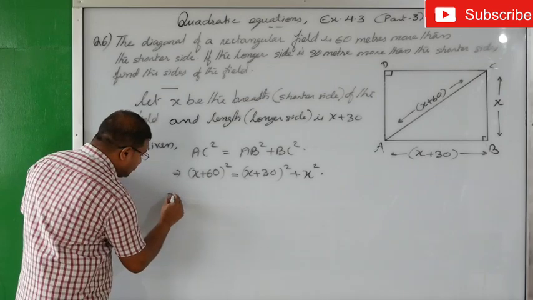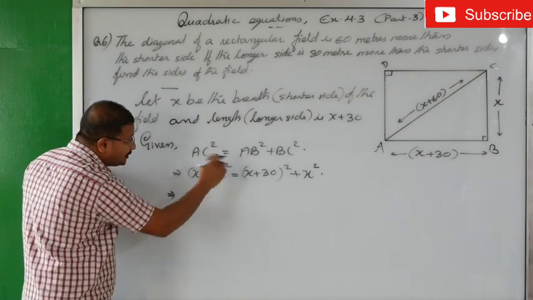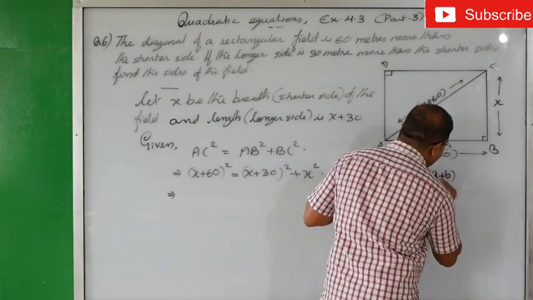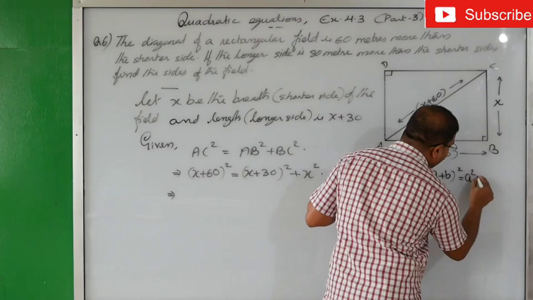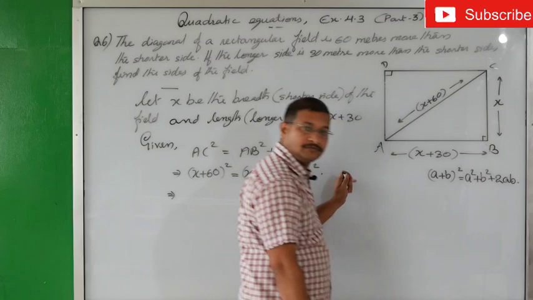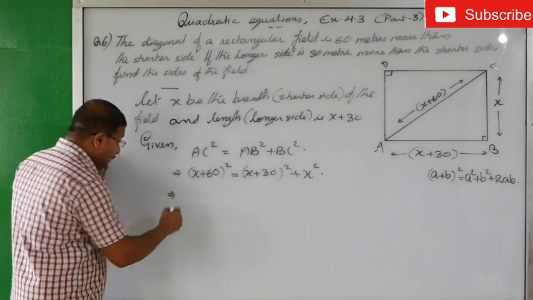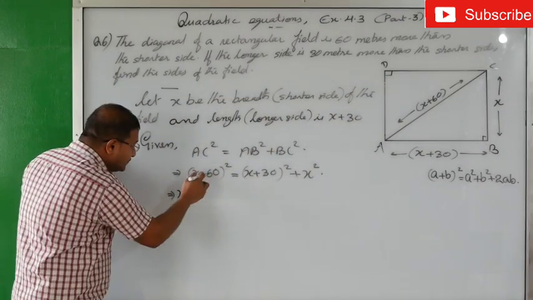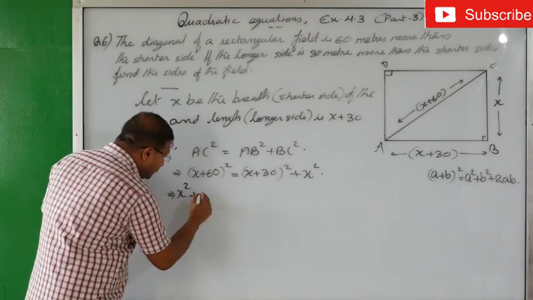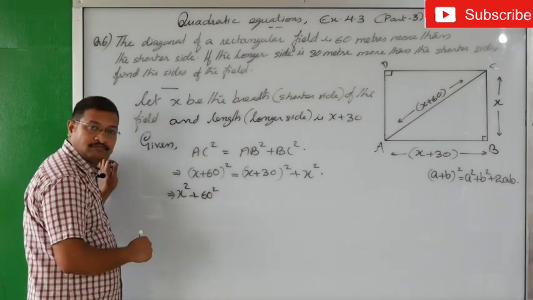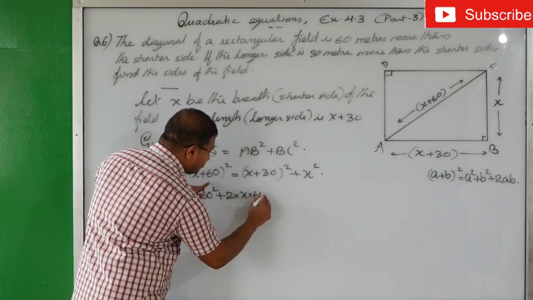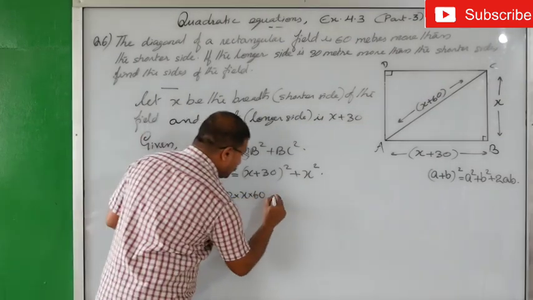Now this implies we have to apply one equation, that is a plus b the whole square equals a square plus b square plus 2ab. Isn't it? So what is a here? a is x, that means a square means x square plus b square, b square means 60 square plus 2ab, 2 into a is x, b is 60. Is it okay? This equals.